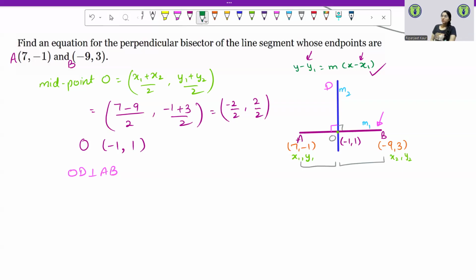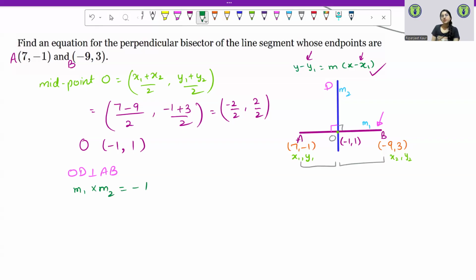Is there any relationship between m1 and m2? Yeah. What is that? The product of both of their slopes equals negative 1.